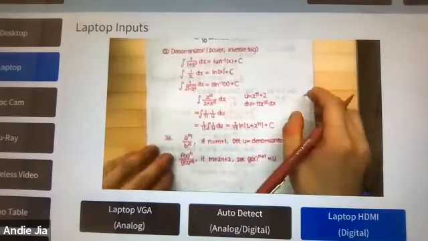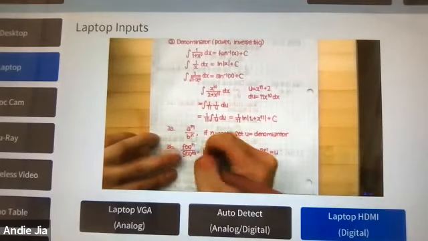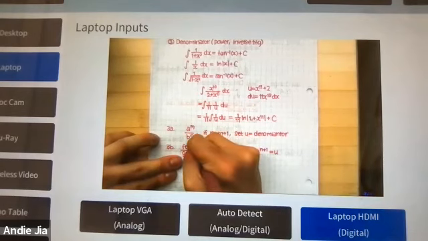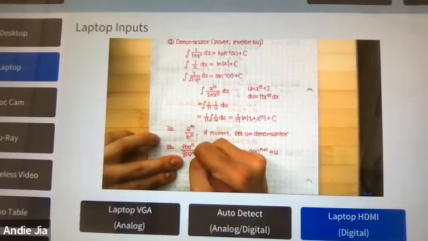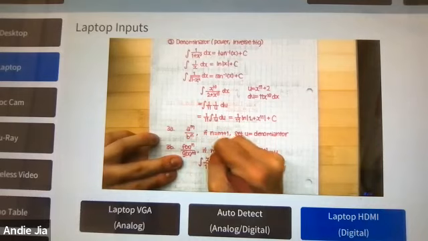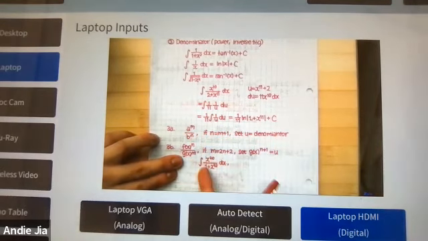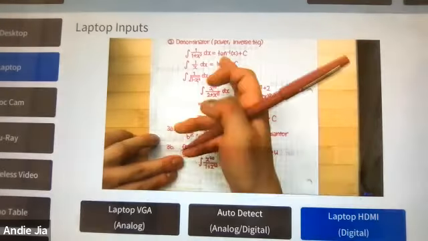So if we have something like x to the 20 over 1 plus x to the 42 dx, because 1 over 1 plus u squared is arctangent, right?